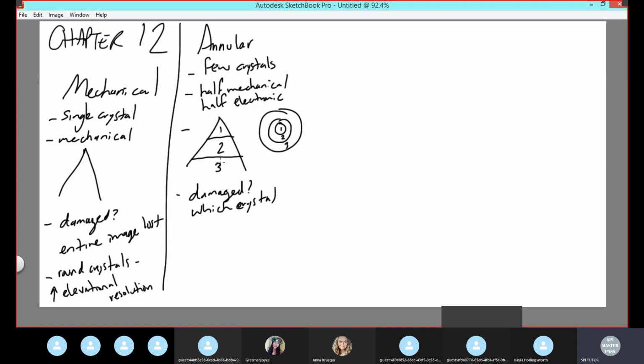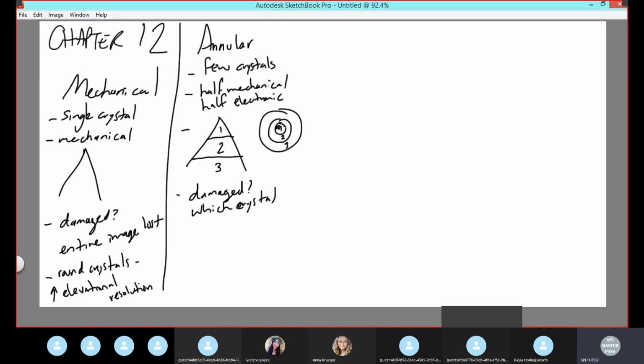So when we asked what happens if a crystal is damaged, this is why we say, well, which crystal is damaged? Because if crystal number 2 is damaged, then you lose that part of the image, because that part of the image is made by crystal number 2.